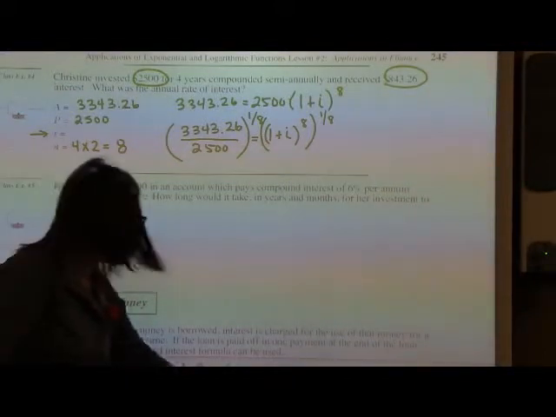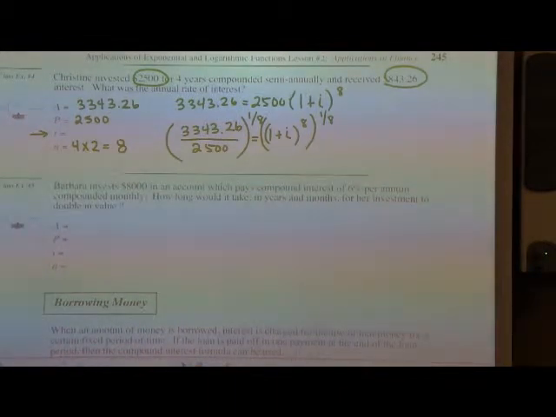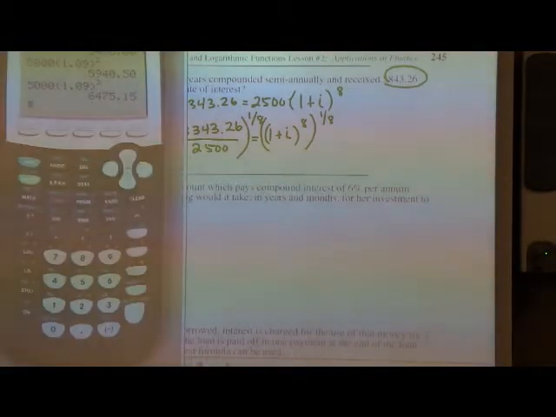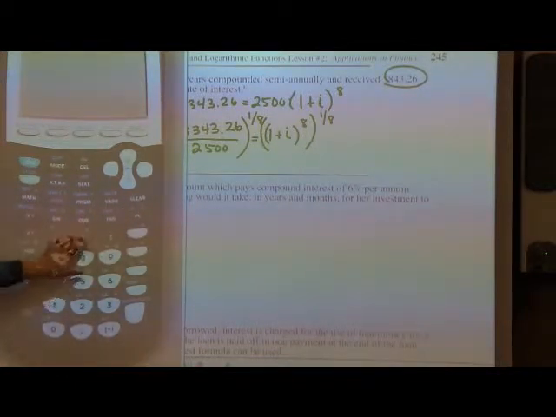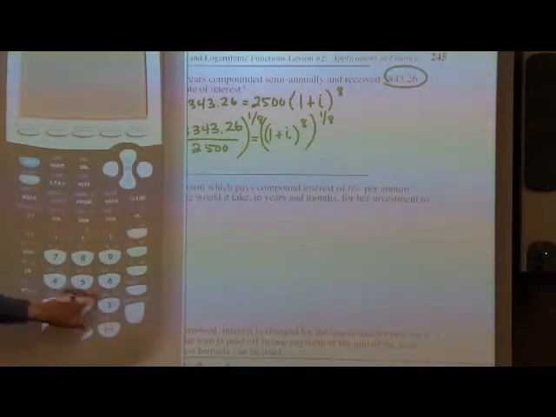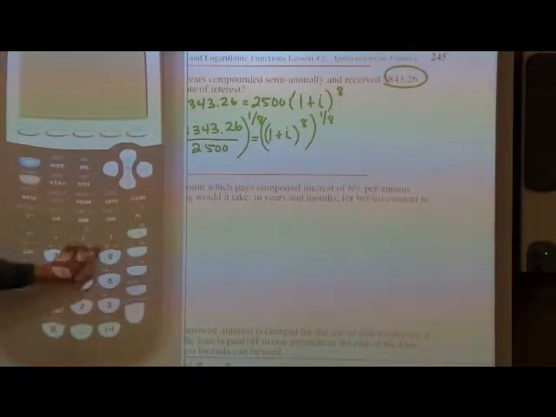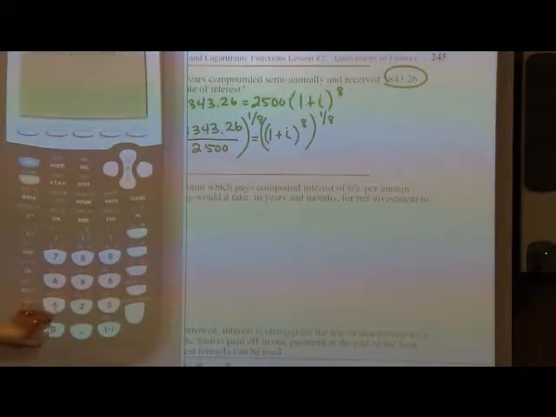So if I pull my calculator out to put that in, there. So I have my bracket, $3,343.26 divided by 2,500, and then I raise that to the power of 1 divided by 8. So I would use brackets for that exponent.